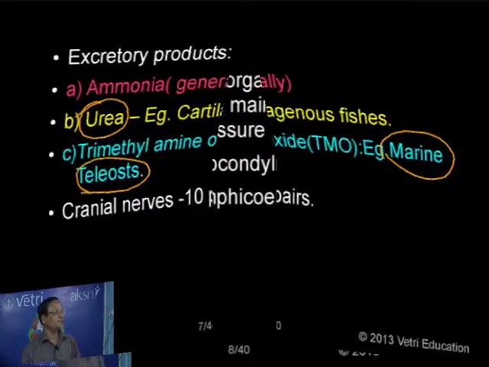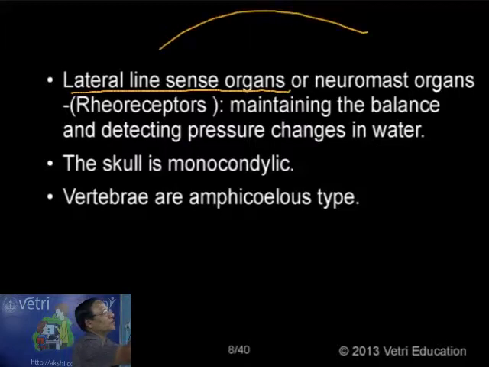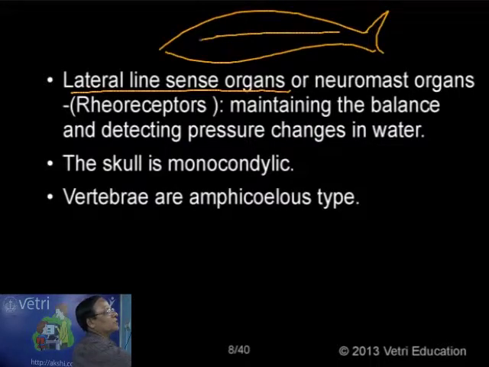We will see that later. Now, in the case of aquatic animals, even the tadpole larva of the frog, they have a peculiar sensory structure called the lateral line sense organs, or neuromast organs. Suppose you take any fish. On the lateral sides of the body there is a groove, and this groove contains a large number of sensory cells.